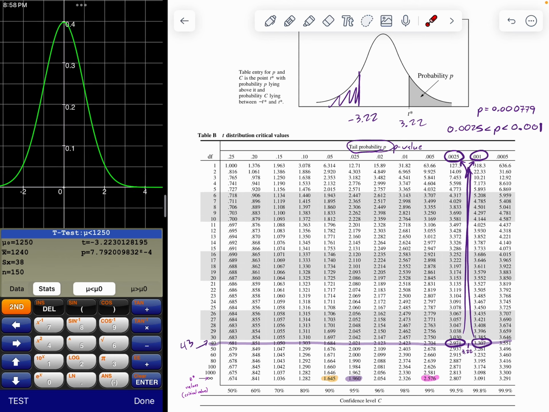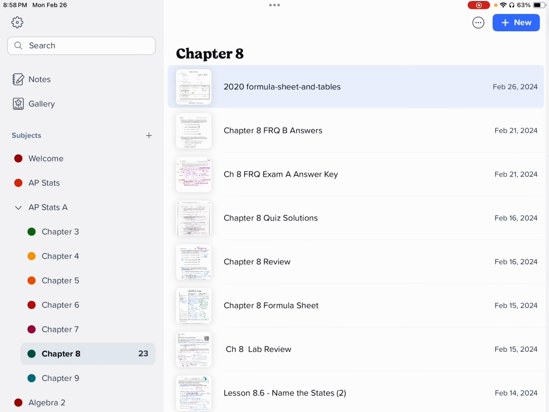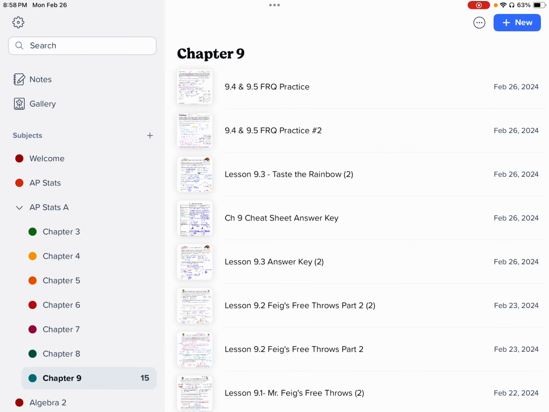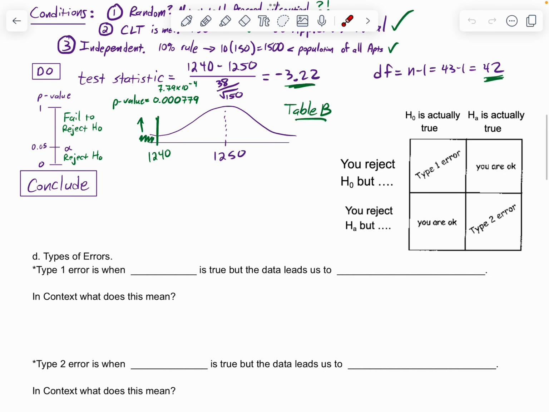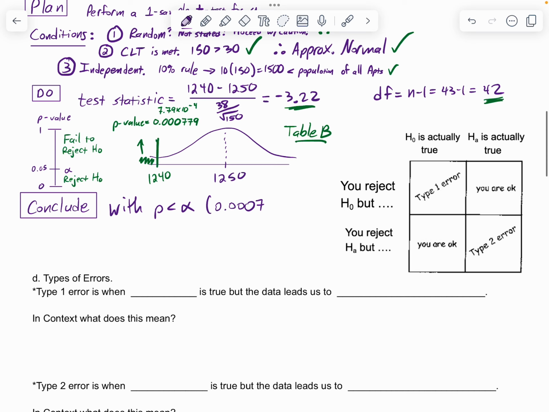And either way, we're going to have the same conclusion, okay? The conclusion with such a small p-value is we're going to reject the null, right? With p less than alpha. And if you're like, what are you talking about, Phi? Because 0.00079 is less than 0.05, right?